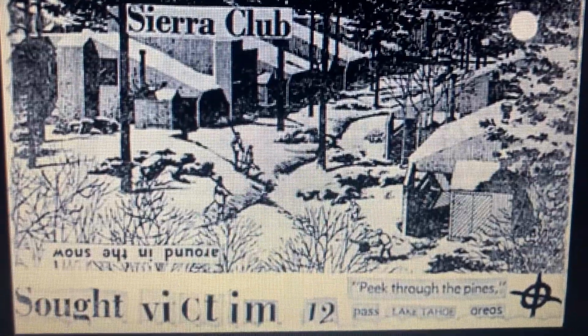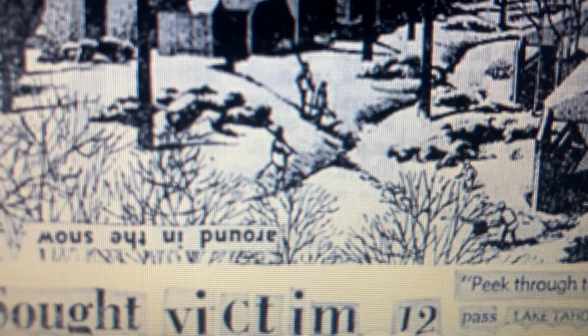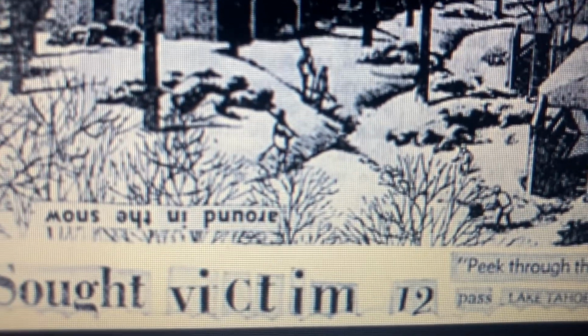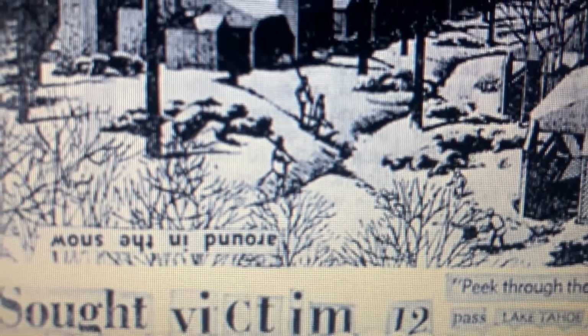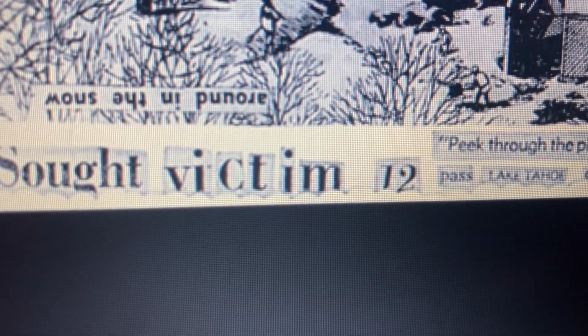So again, the Zodiacs use words upside down to create messages, or turn things upside down to show you different messages in lines, right? They'll take a word like victim, and they break it up into V-I-C-T and I-M, right? That's vector indicator in centimeters. 12 centimeters is about 4 3/4 inches.